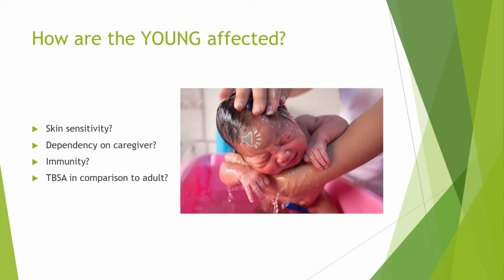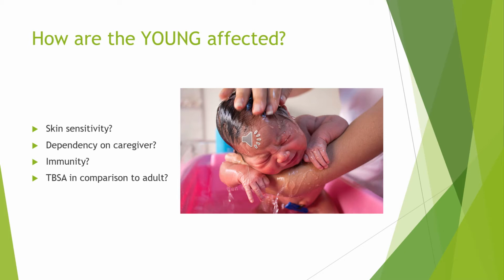And just a little snippet about how the very young are affected also. We know that their skin is much more sensitive. They are dependent on a caregiver, so the caregiver needs to make sure that they are protected from extreme heat, extreme temperatures, and or anything that can cause problems with burns. They have a lower immunity, so they are much higher risk for infection afterwards.